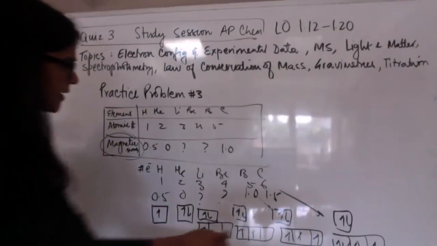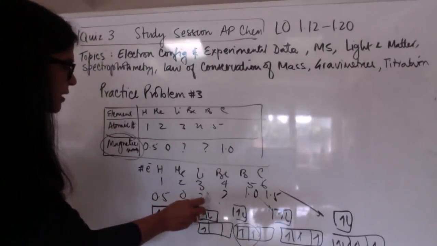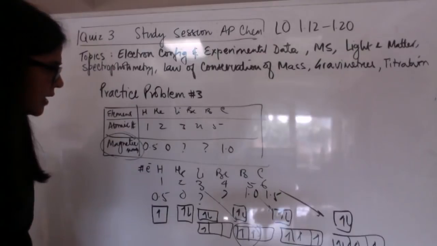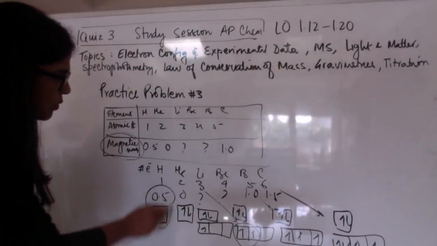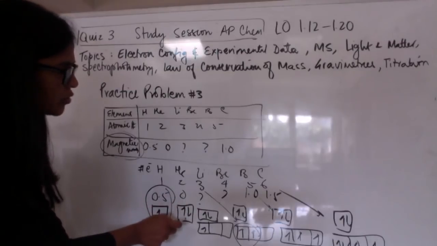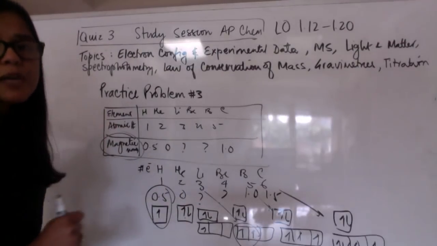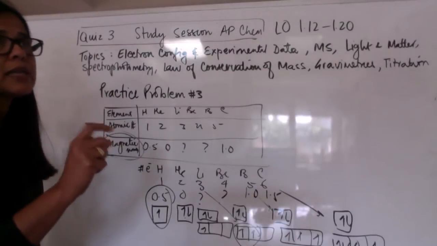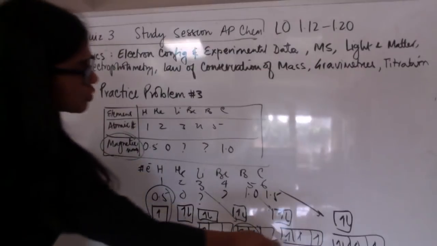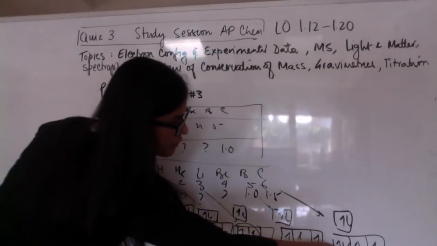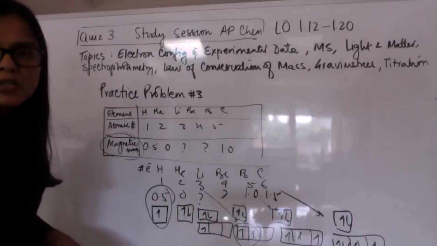What you see is there are 2 unpaired electrons here, and you don't know its magnetic moment, but here there's 1 unpaired and it is 0.5. With 2 unpaired, it was 0. So maybe that's the pattern. For each unpaired electron, there is a magnetic moment of 0.5. And if you look at the pattern, then this should be 1.5. This should be 1 because there are 2 unpaired, and there are 2 unpaired here. This should be 1 as well.